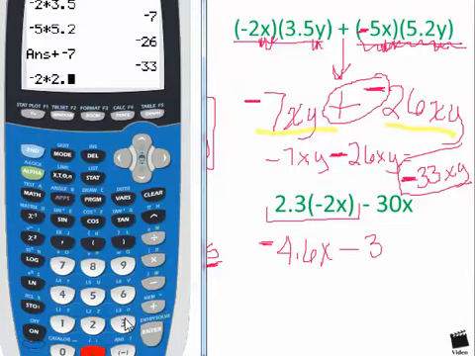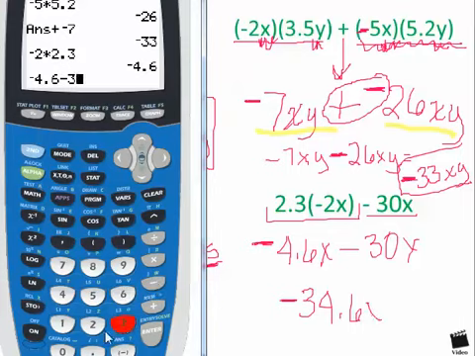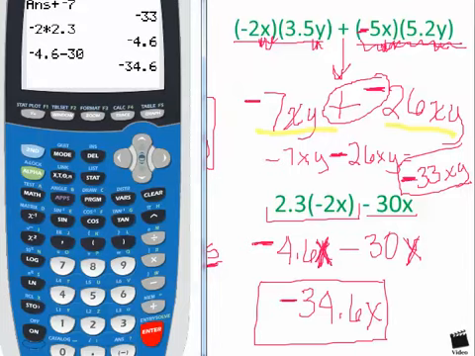And negative 30x just falls right down to stay in my problem. Both of these are negative, so I'm going to add them together and get a bigger negative, 34.6x. Also, they were like terms. That's the other reason I added them together. They were both x's. All right, we're cruising right along.